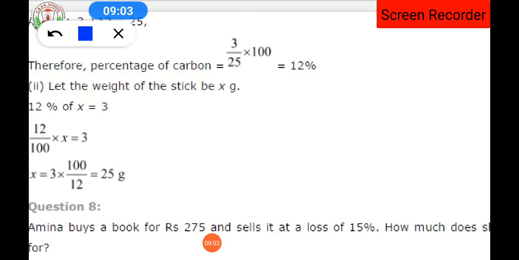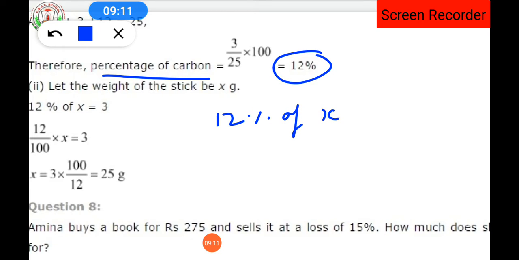So why did we do that? Because 12% of the chalk is carbon, isn't it? So 12% of x, x is the weight of the chalk stick which we are going to consider, is equal to the weight of the carbon, that is 3 gram, isn't it? So 12 into 1 by 100 into x is equal to 3 gram.